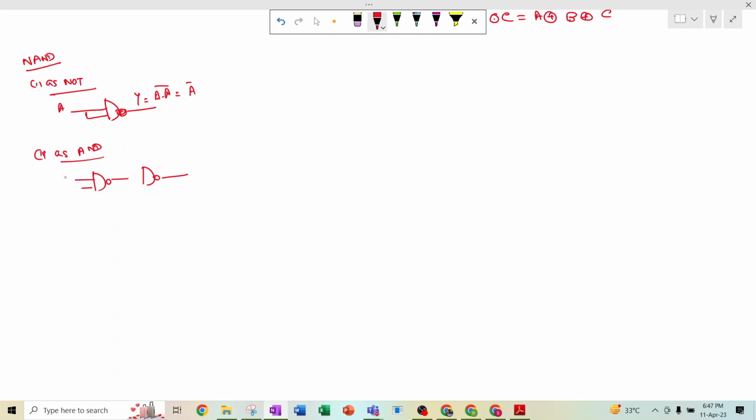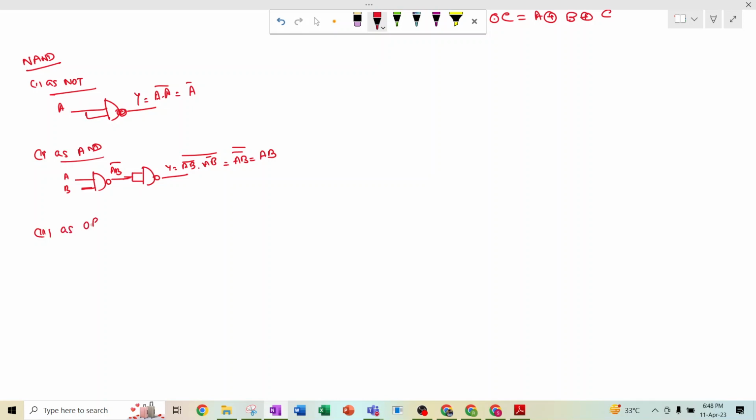We have two inputs A, B. Here the output will be (AB) bar. But if we feed this (AB) bar into one more NAND gate, it becomes ((AB) bar dot (AB) bar) whole bar, that means AB. So this is the AND gate.